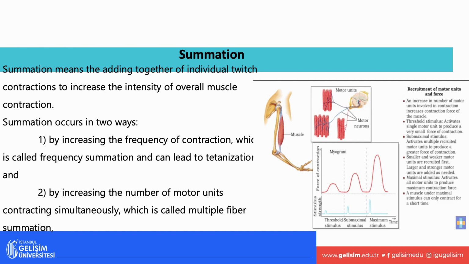Again, remember, complete summation is also known as tetanus. This is when the muscle fiber is stimulated at a high enough frequency that it doesn't have a chance to relax at all between the twitches, and this results in a sustained contraction.